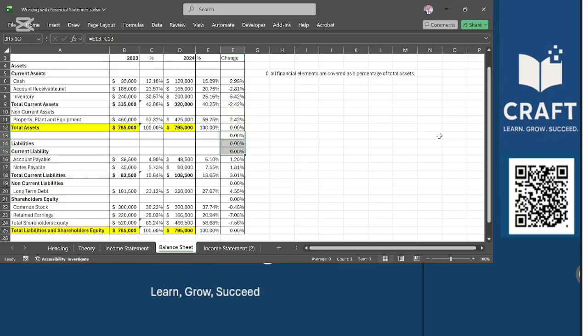There is an increase in investment in property, plant and equipment from 57 percent to 59 percent. You will find that there is a 4.55 percent increase in the long-term debt of the company. The company has borrowed more money.